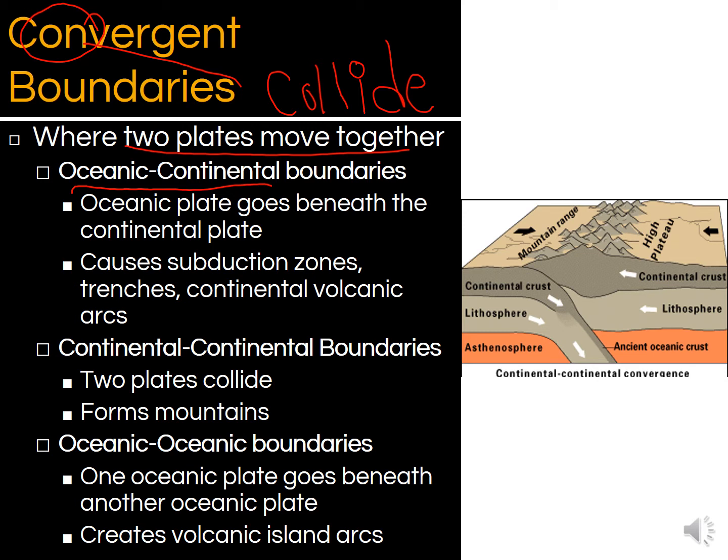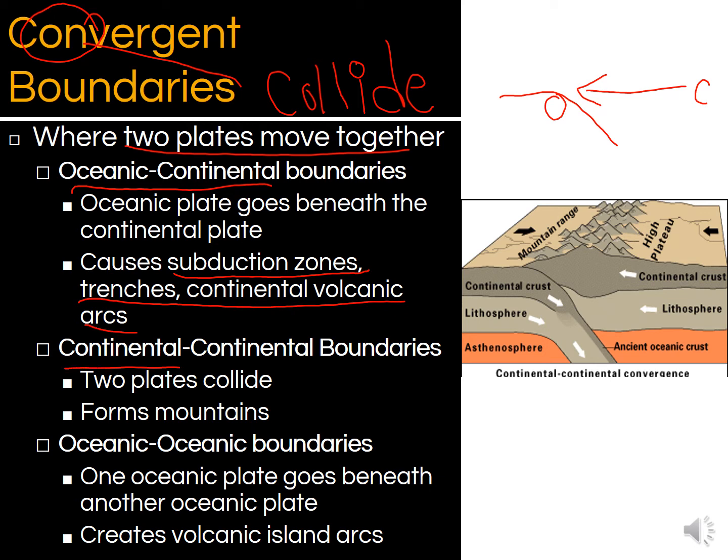So oceanic and continental. So O and C boundaries. Oceanic plate goes beneath the continental plate. All right. So here's an oceanic and here's the continental. It goes under. All right. This causes subduction zones, trenches, and continental volcanic arcs.